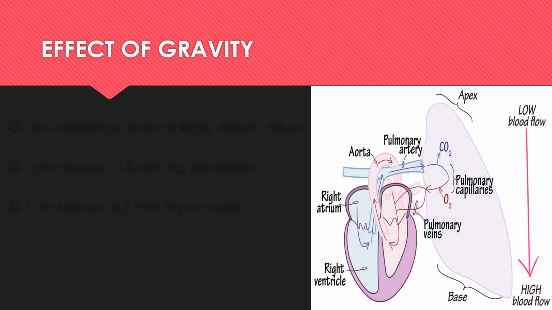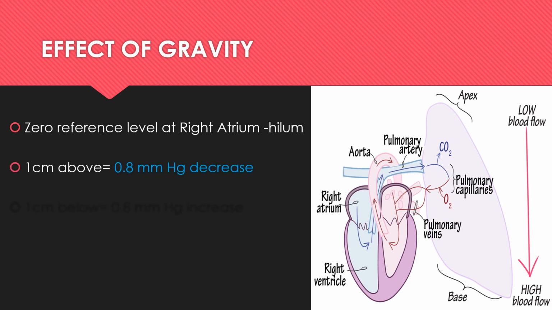Effect of gravity. The zero reference level is at the level of the right atrium. That is where the hilum is, and 1 centimeter above decreases the pressure by 0.8 millimeter of mercury, and 1 centimeter below increases the pressure by 0.8 millimeter of mercury.